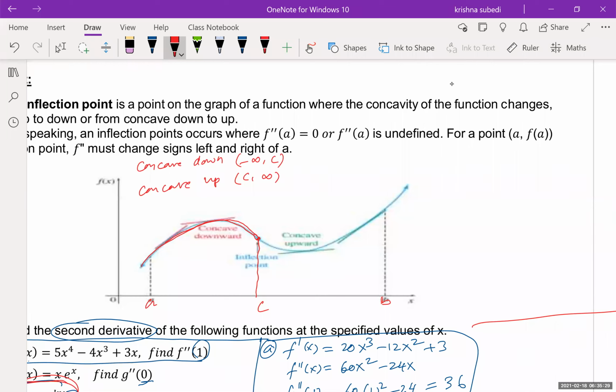Concave down on this side means your second derivative is negative, because down means negative.